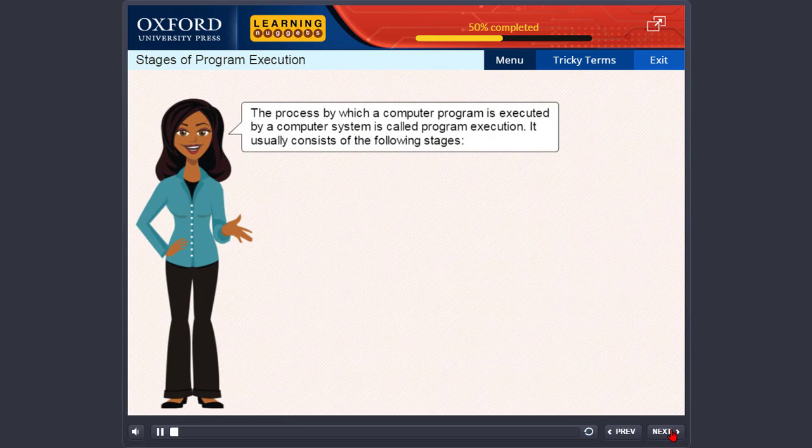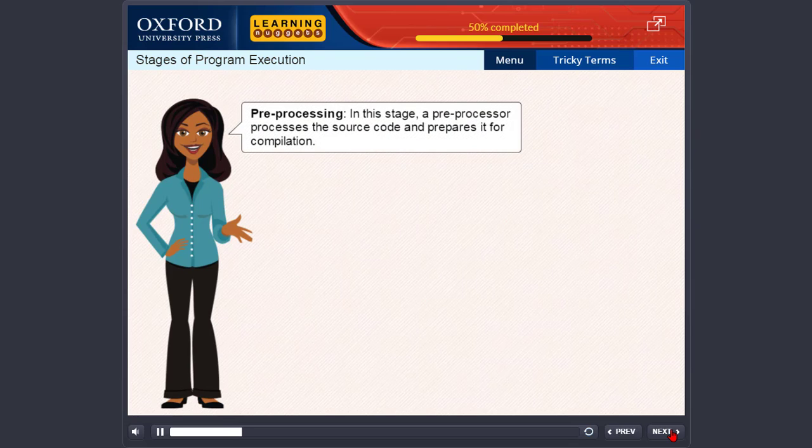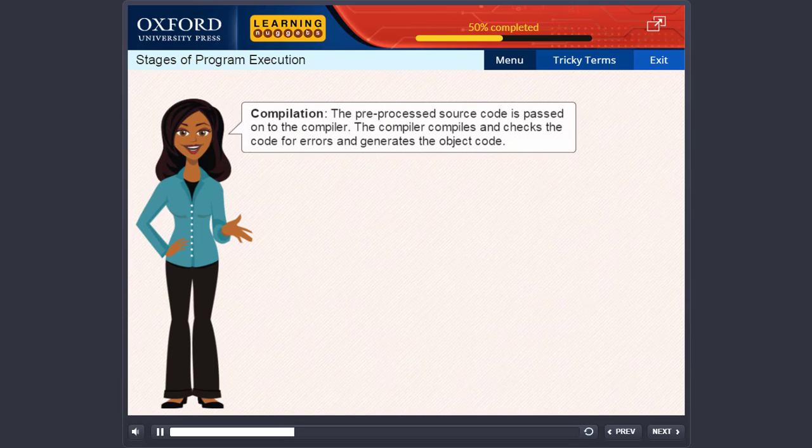The process by which a computer program is executed by a computer system is called program execution. It usually consists of the following stages. Pre-processing. In this stage, a preprocessor processes the source code and prepares it for compilation. Compilation. The preprocessed source code is passed on to the compiler.